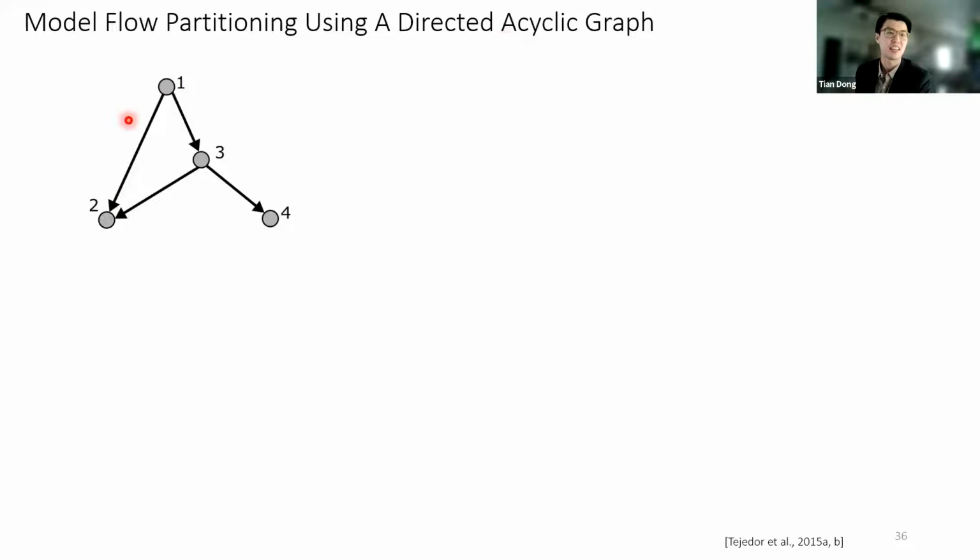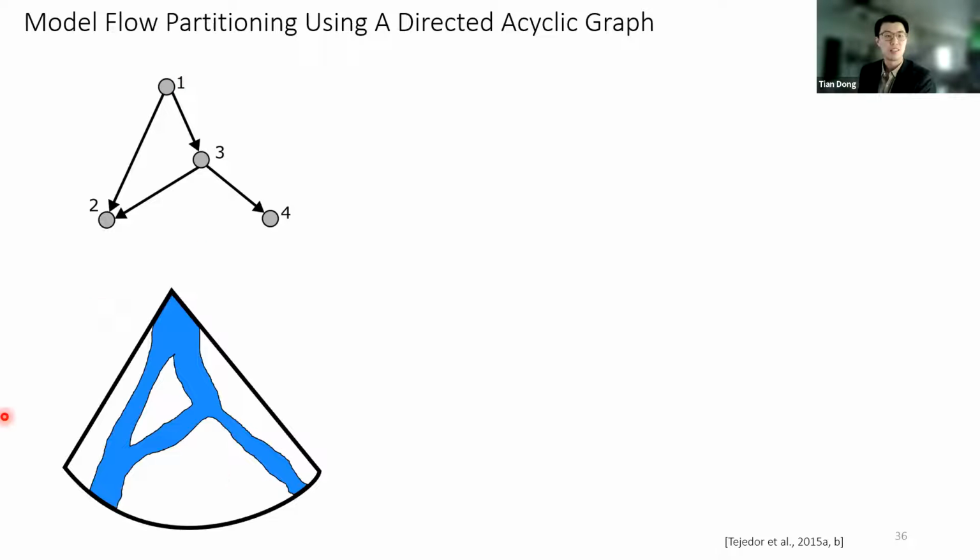And acyclic indicates that there's no recycling of information. So whatever goes to node 2 doesn't come back to node 1. And we can use this concept to approximate flow in river deltas. Here is an example of a very simple schematic river delta. And we have the exact same simple graph here.